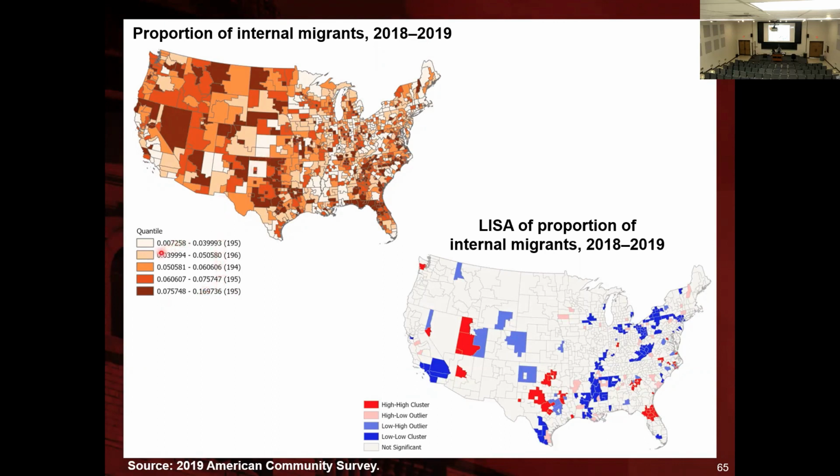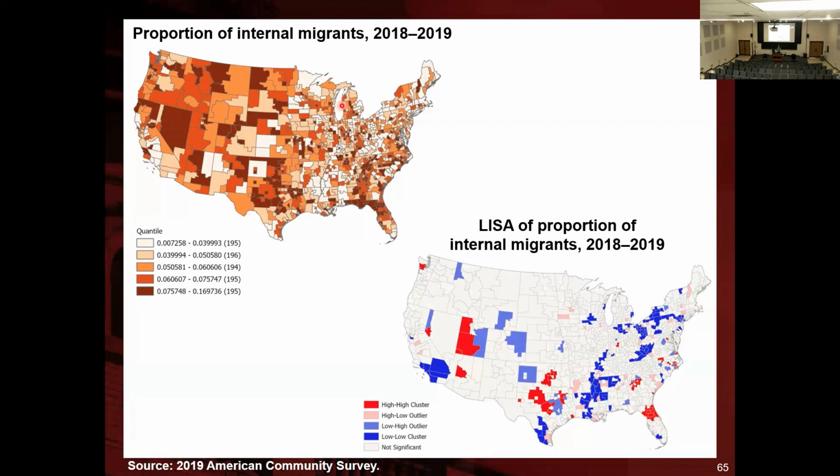The white areas have between 0.7% and 4% of people moving to those areas between 2018 and 19, taking into account the size of population in the area of destination. When we look at this map here on the top left, it's hard to understand it, right? Because it's so many colors, it's 1,000 areas, it's hard to understand a pattern.